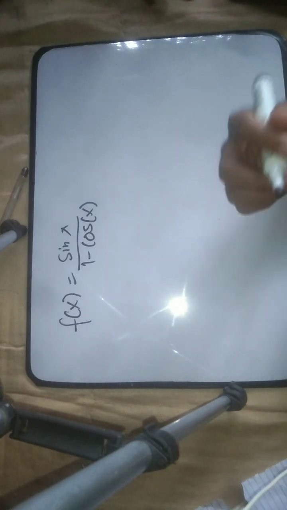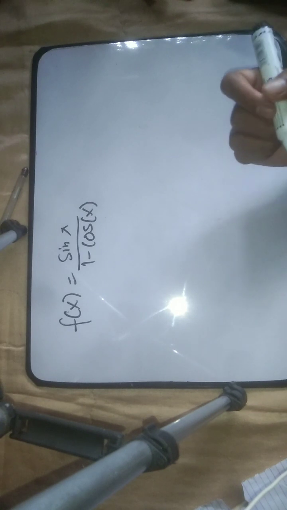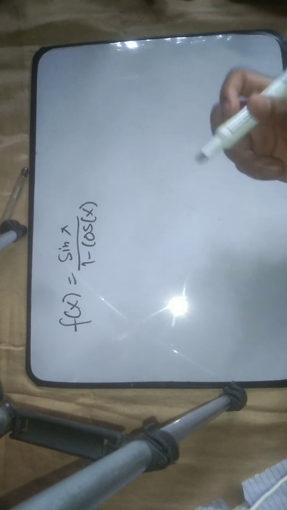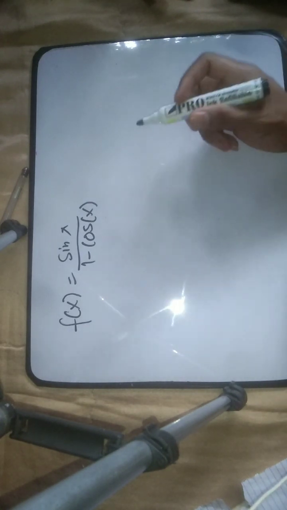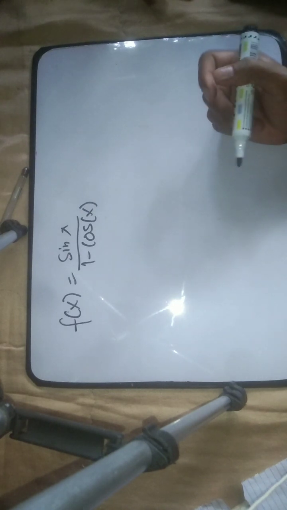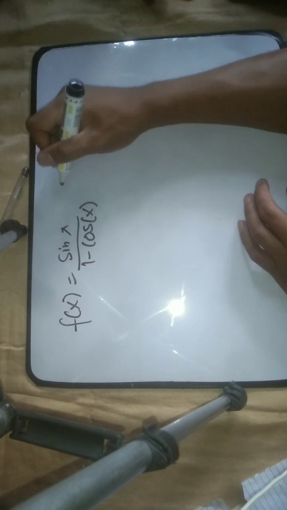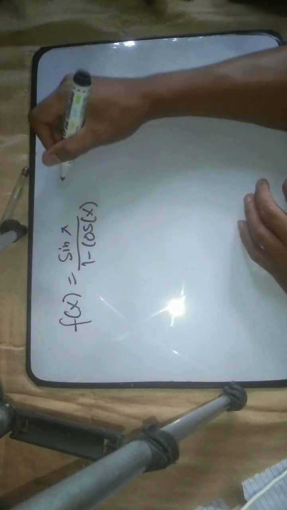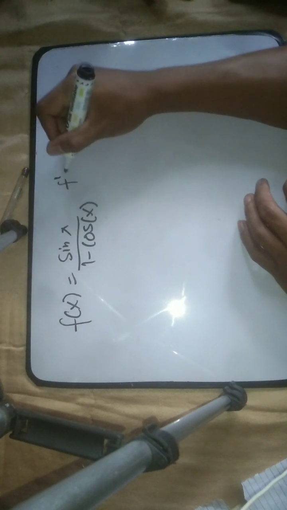So in this example, we are going to find the derivative of f of x is equal to sin x over 1 minus cosine x. We are going to find the derivative of this function.